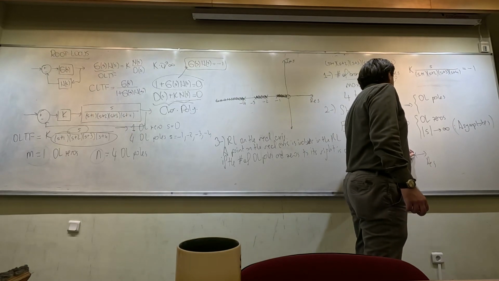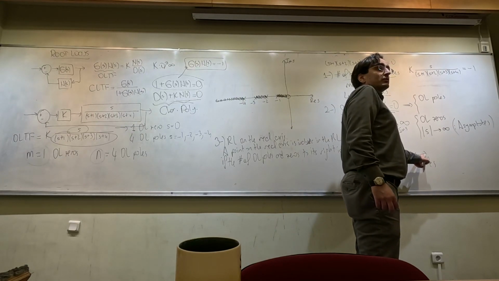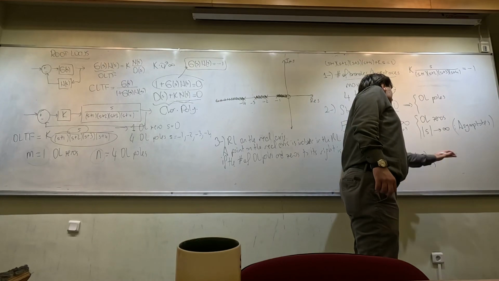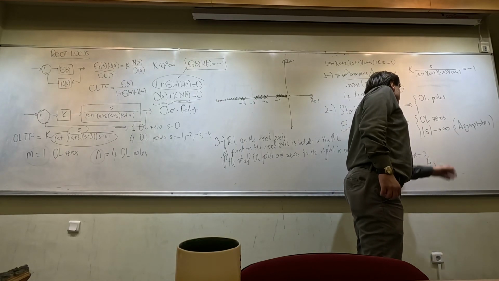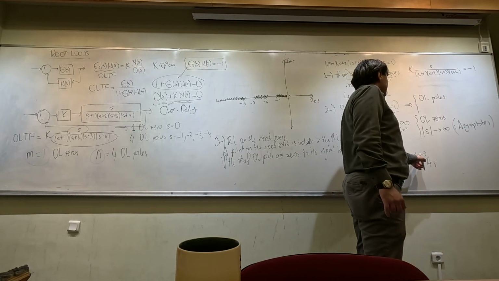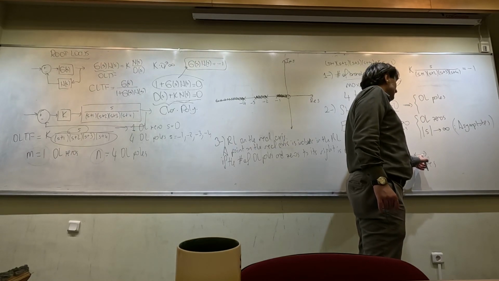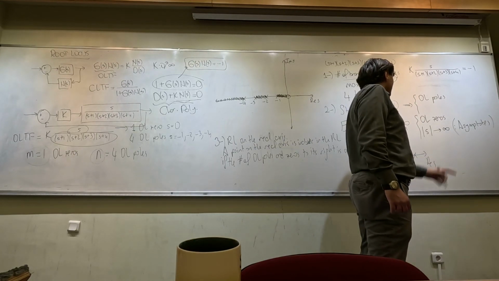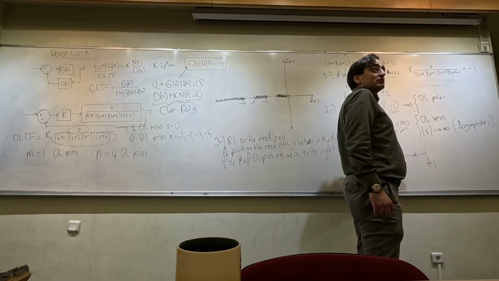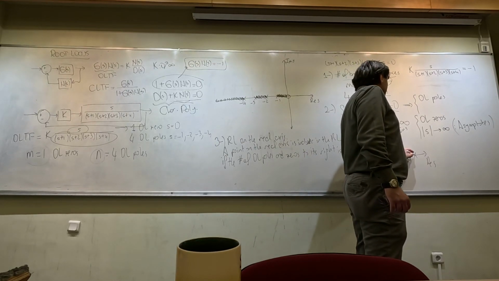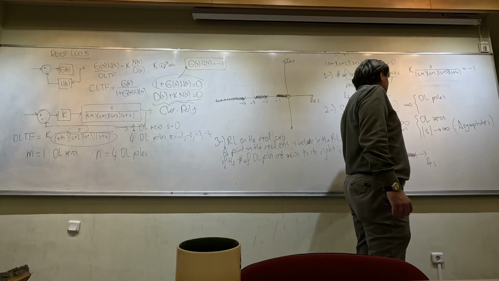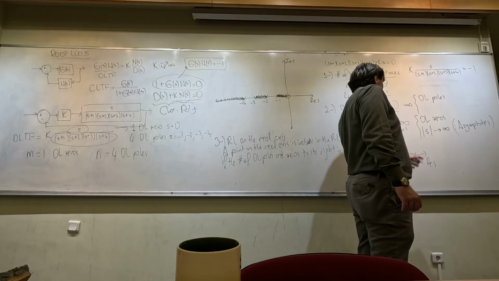So I will fill in. What about this interval? Do you think this is included? The total number of open loop poles and zeros to the right is not even, it's not odd. It's 0 in this case. And what about this interval? This is included because the total number is 1 to the right here.